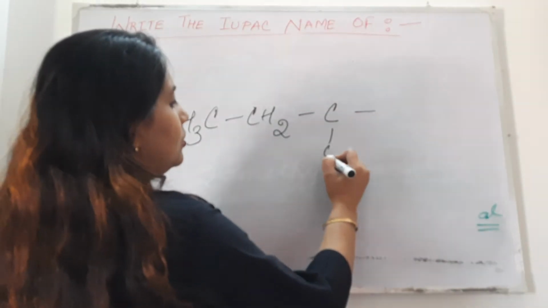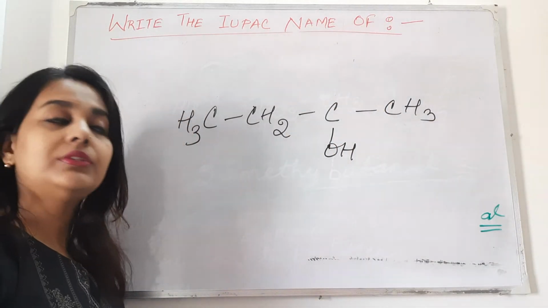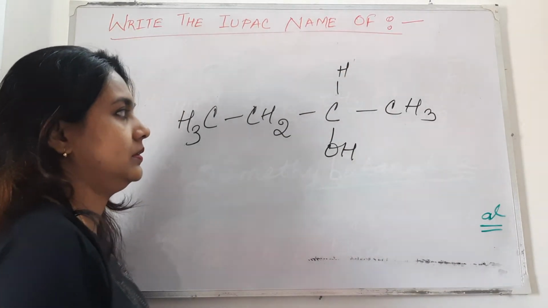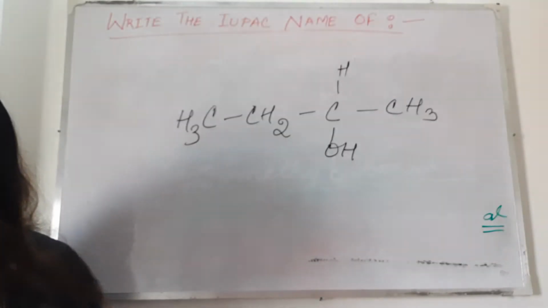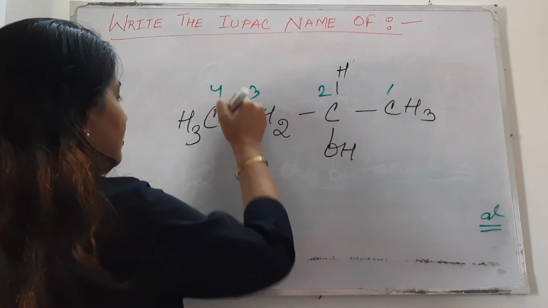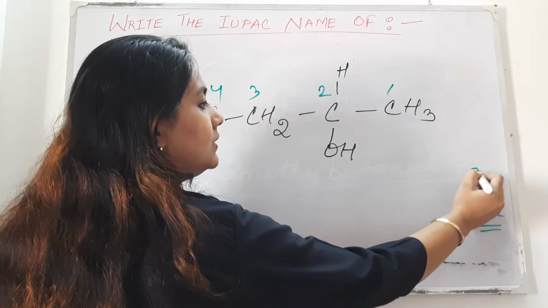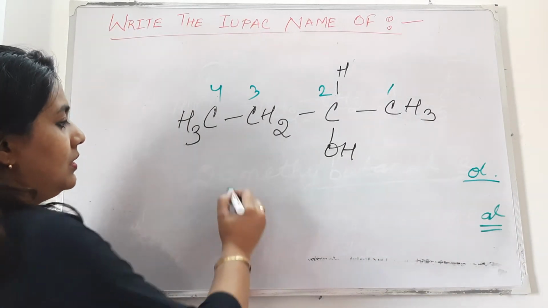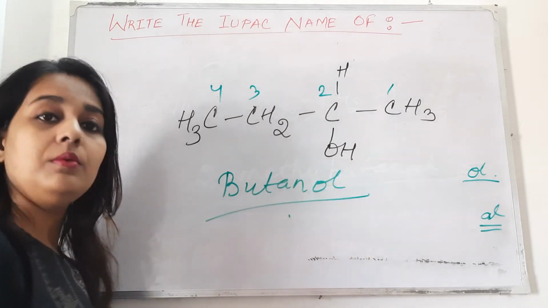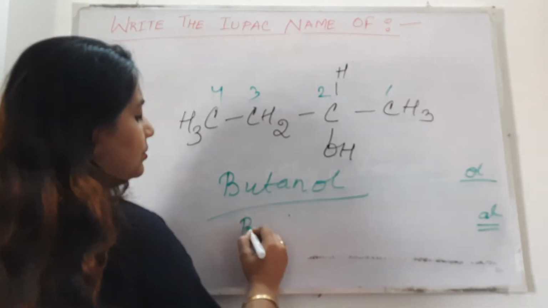Suppose over here one OH group would have been present, then what would be the name of this compound? So the name of this compound will be 1, 2, 3, 4. Since there is an alcohol group present, it will end with ol. So it will be butanol.